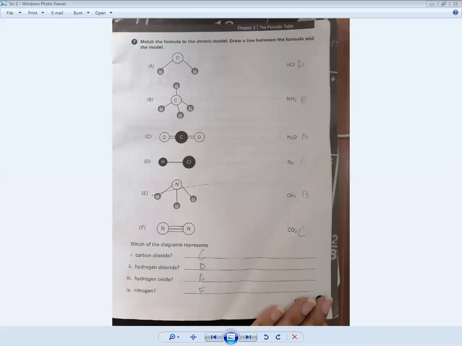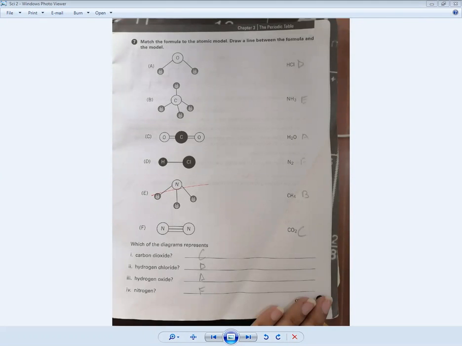So where is hydrogen oxide? You can see it is option A. And where is nitrogen? You can see nitrogen is matched with F part. Okay, so like that, first part answer is C, second part answer is D, third part answer is A, and the fourth part answer is F.